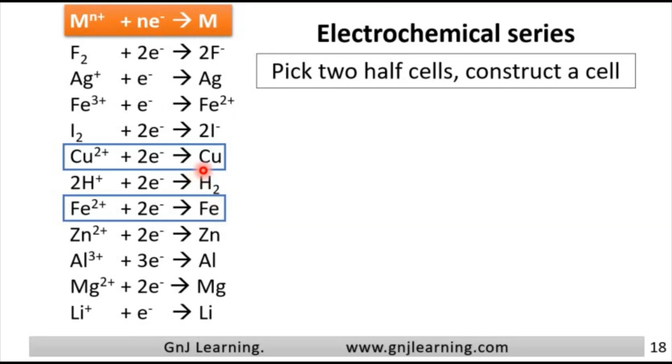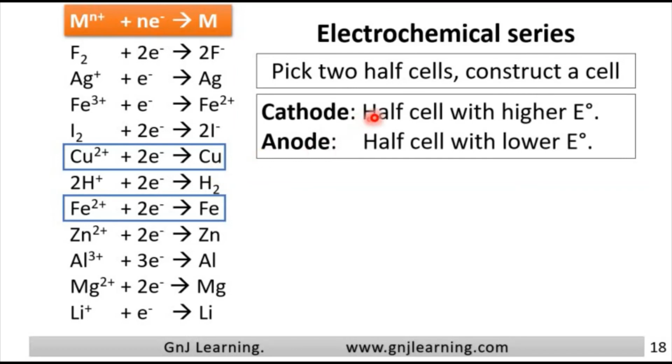So the Cu2+/Cu electrode is above the Fe2+/Fe electrode, so the electrode potential will be higher for this half cell. That means the cathode will be the copper electrode. So the half cell with higher E0 must be the cathode, and the one with the lower E0 must be the anode.